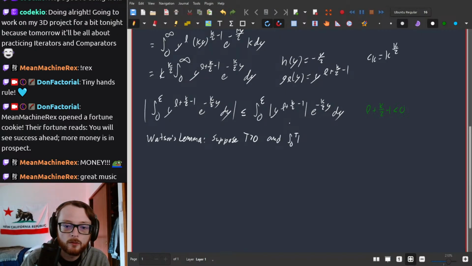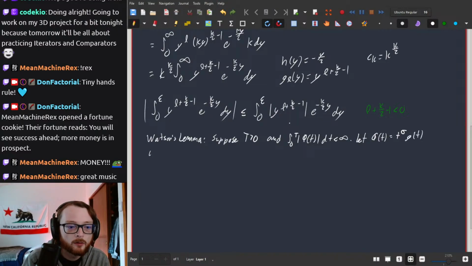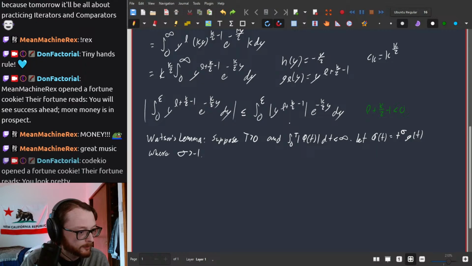T v of t dt is finite. Phi equal. This is the part of Watson's lemma that is really weird to me. T to the sigma g of t, where sigma is greater than -1. This condition is really weird to me.